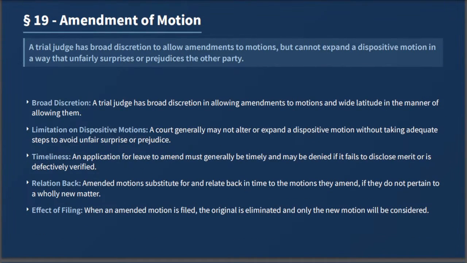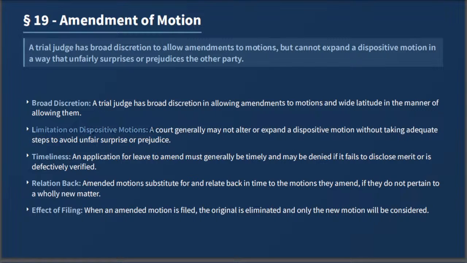And we're on to the amendment of motion. A trial judge has broad discretion to allow amendments to motions, but cannot expand a dispositive motion in a way that unfairly surprises or prejudices the other party. Wow. There's broad discretion. A trial judge has broad discretion in allowing amendments to motions and wide latitude in the manner of allowing them, such as orally.